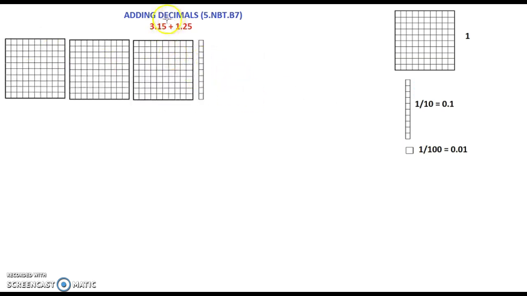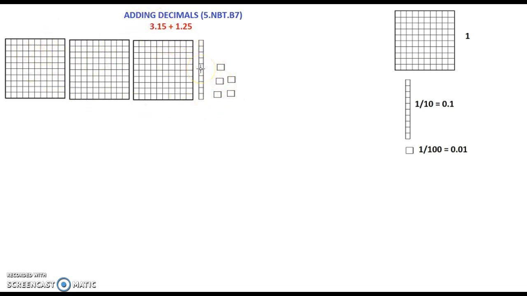And I have 5/100ths, so I need 5 of my little cubes: 1, 2, 3, 4, and 5.